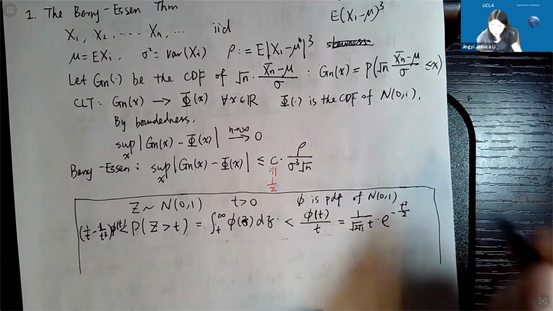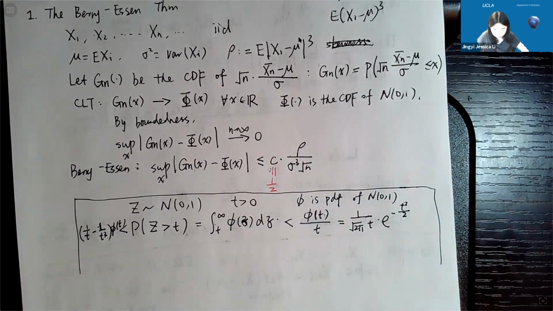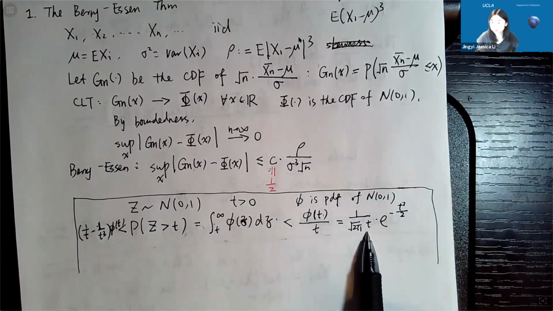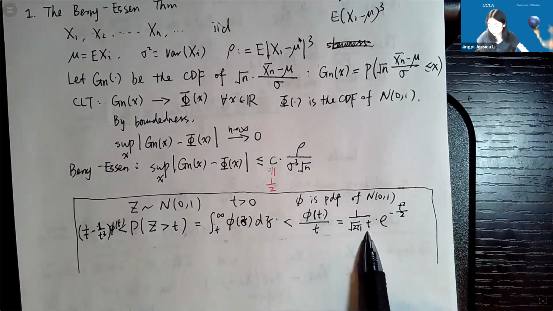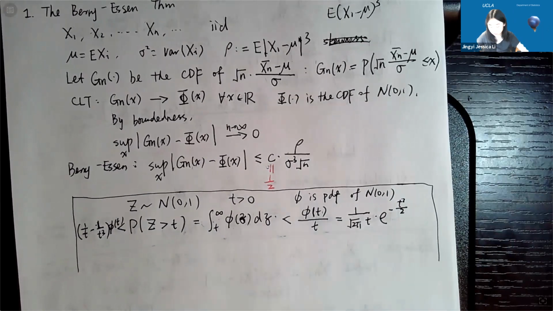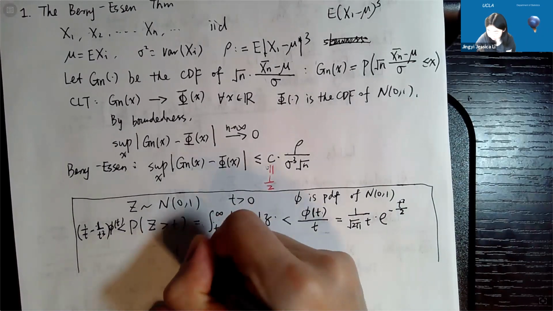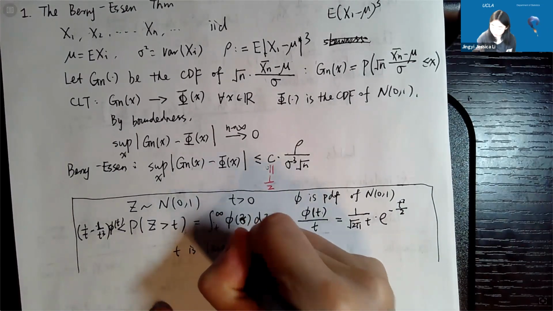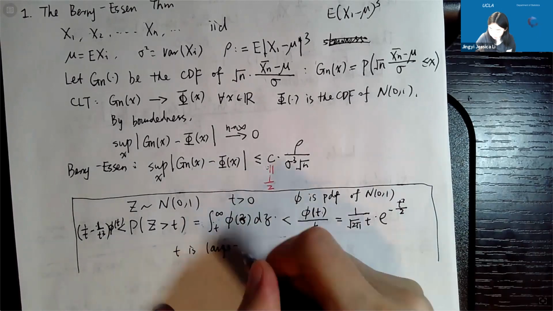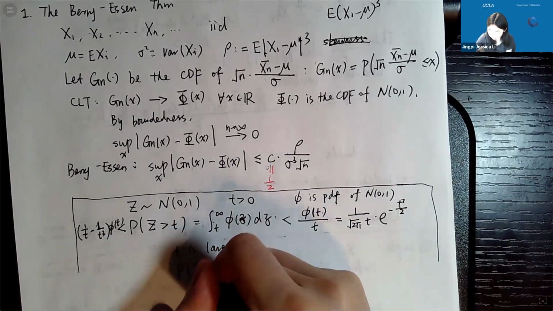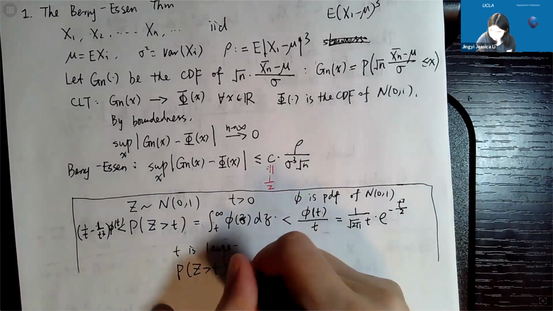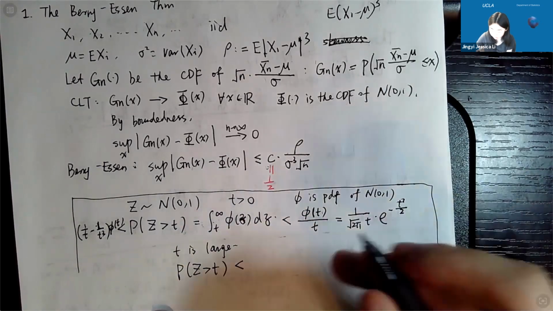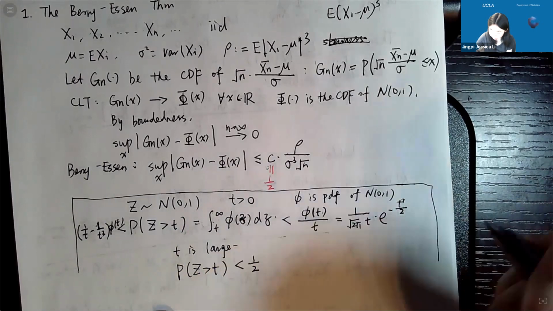Furthermore, in many cases this t can be very, very large. When t is very large, root 2 pi times t can be larger than 2. That's easy to achieve. Therefore, when t is large, you can safely say that this tail probability can just be upper bounded by, let's say, 1 over 2.